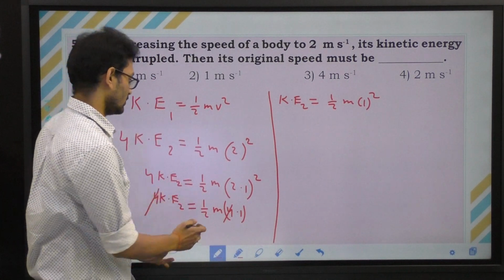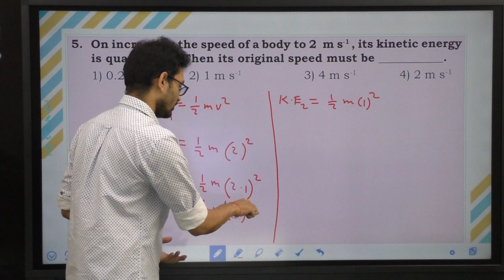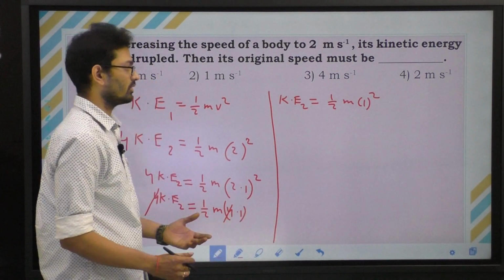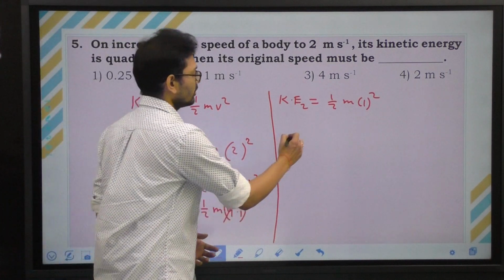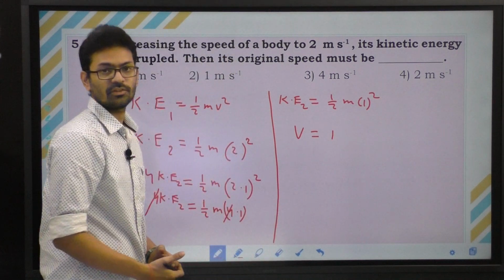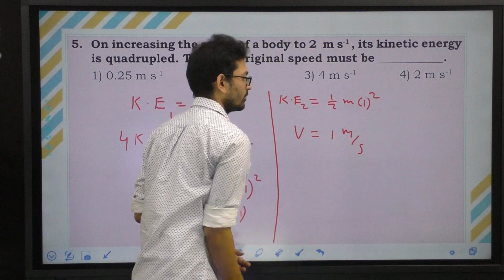So actually this is a whole square, right? You applied the square and I have removed it. So 1 square is 1 only. So from here my v value I can easily find out, it is 1. My v value is going to be 1 meter per second.